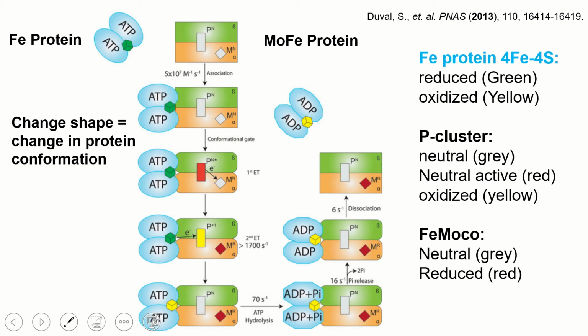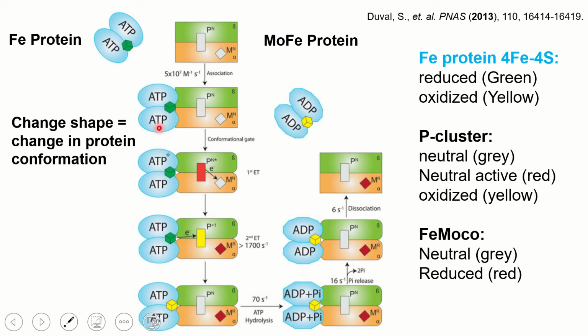The first thing within this mechanism is that the reduced and ATP-bound iron protein is now primed to dock with the MoFe protein. Only in the state where ATP is bound to both of the sites on the iron protein and the iron-sulfur cluster is reduced is it allowed to associate with the MoFe protein.